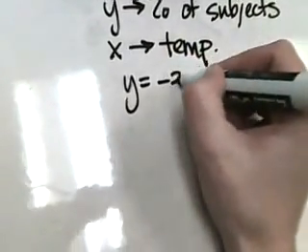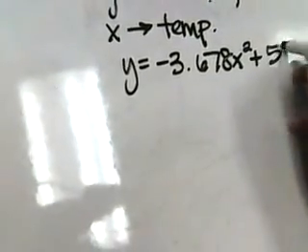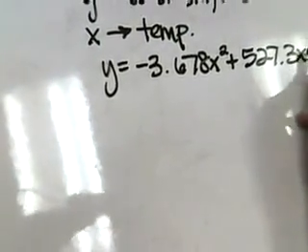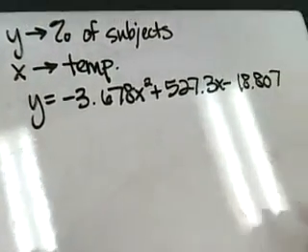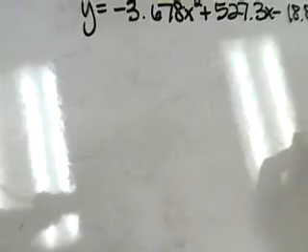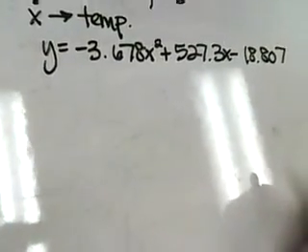Y equals negative 3.678x squared plus 527.3x minus 18,807. And then it asks what temperature made the greatest percent of test subjects comfortable, and at that temperature, what percent felt comfortable.